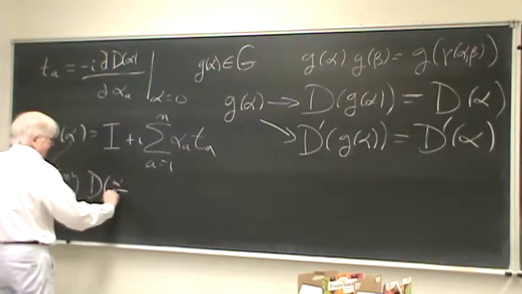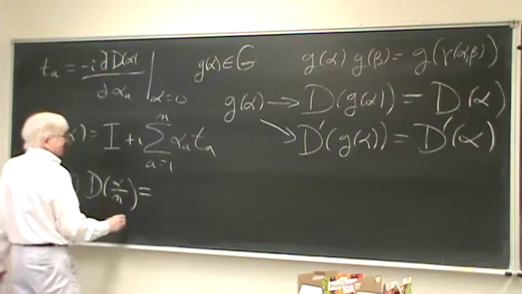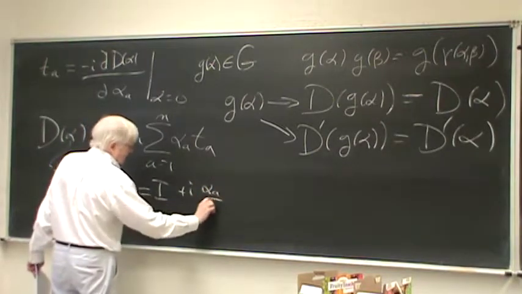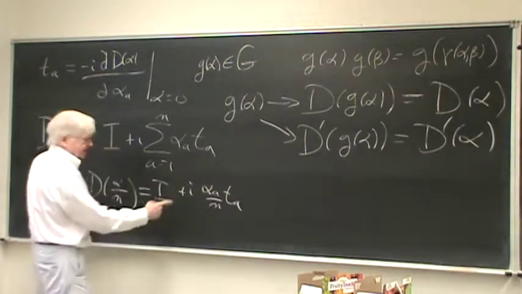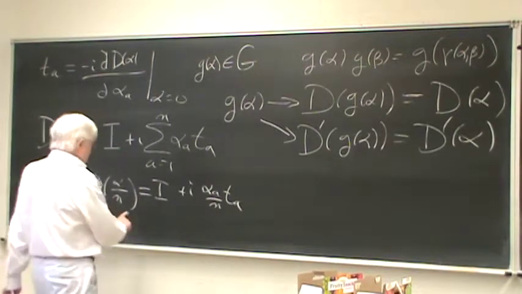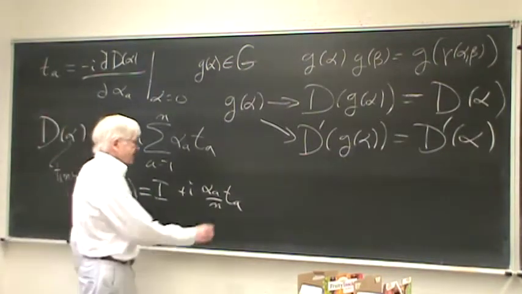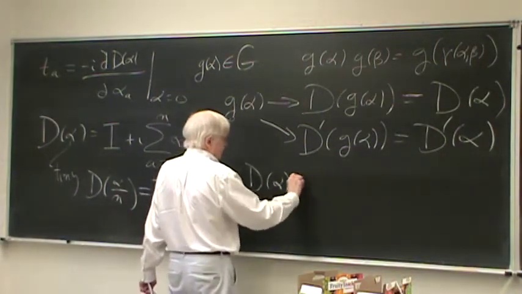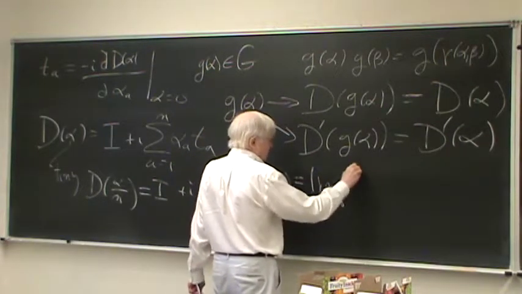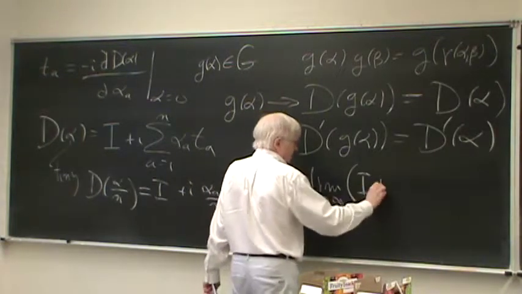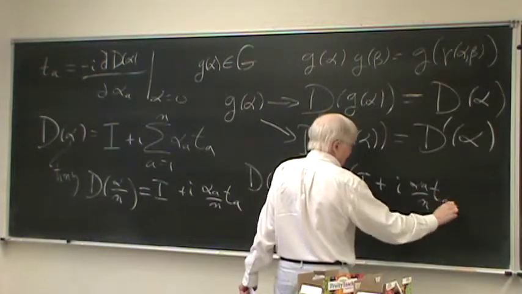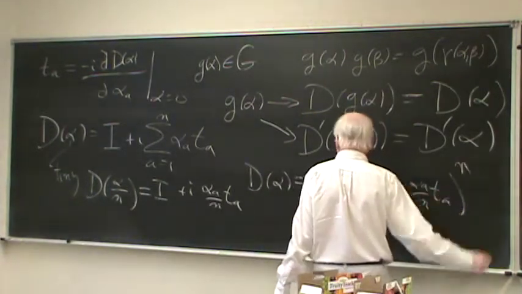And if we write alpha as alpha over n, making it explicitly tiny, and here I'm using the summation convention, this becomes exact in the limit n going to infinity, and then we can recover D of alpha as the limit n goes to infinity of (I plus i alpha_a over n T_a) raised to the nth power.